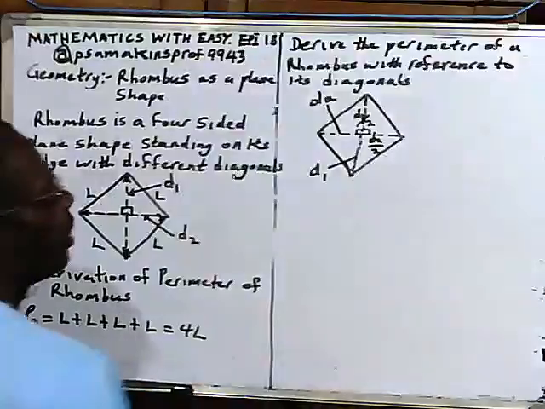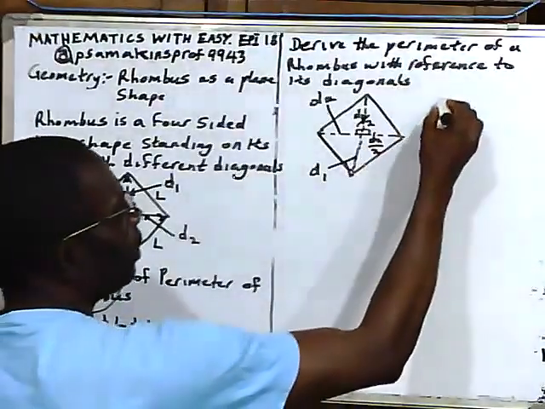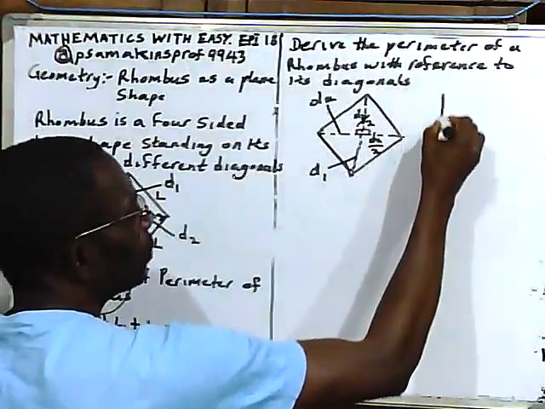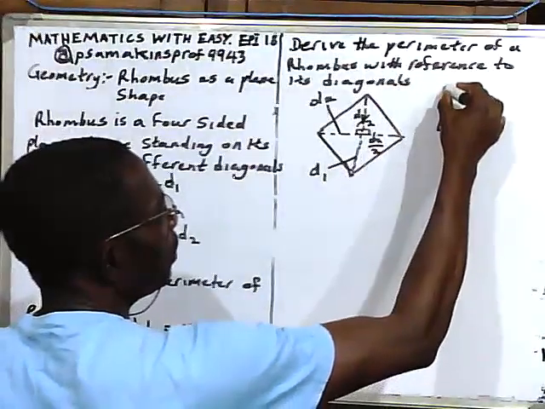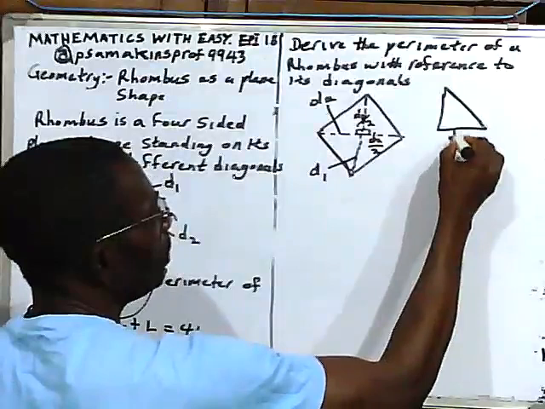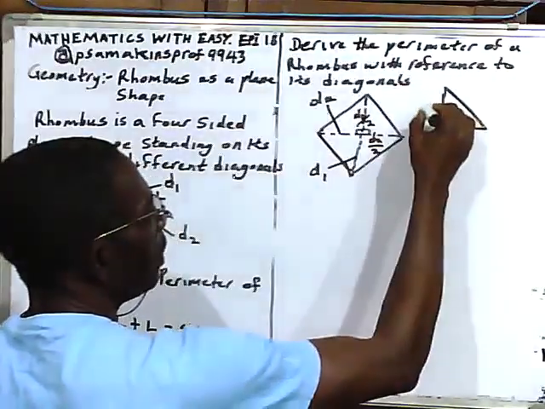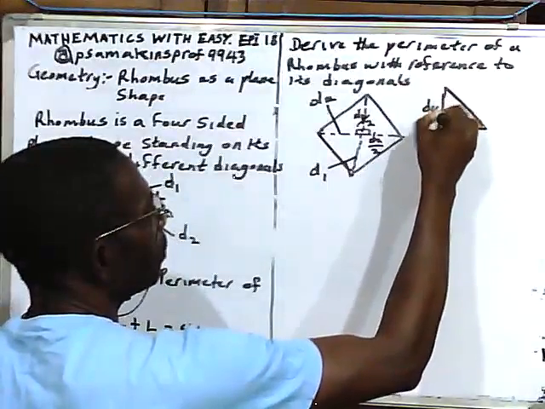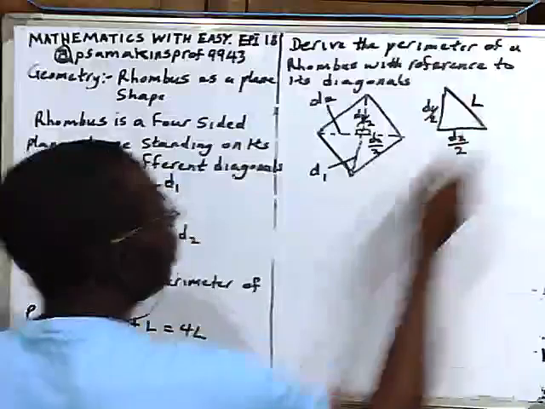So let's bring out one of the triangles to get our L. If we bring it out this way, we are going to have D2 over 2, then D1 over 2. So this is L.